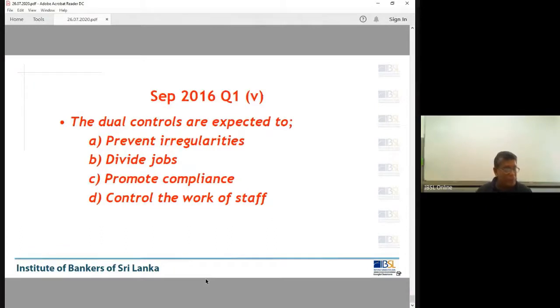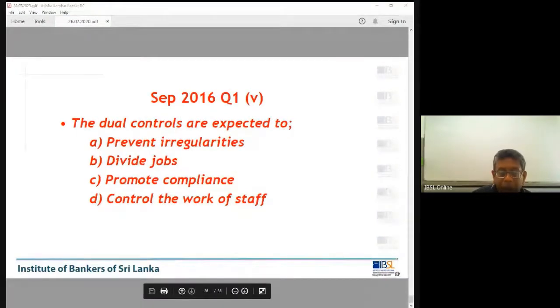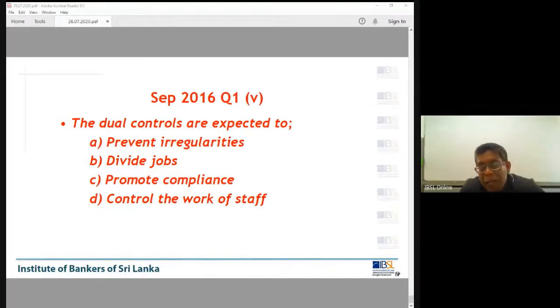Okay, now let's look at this question. The dual controls are expected to, right? What may be the answer? This is your 2016 exam.